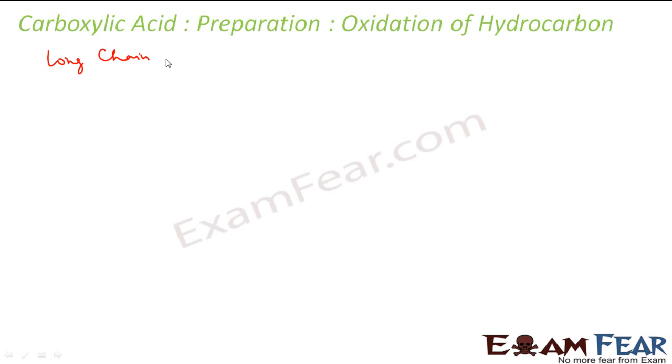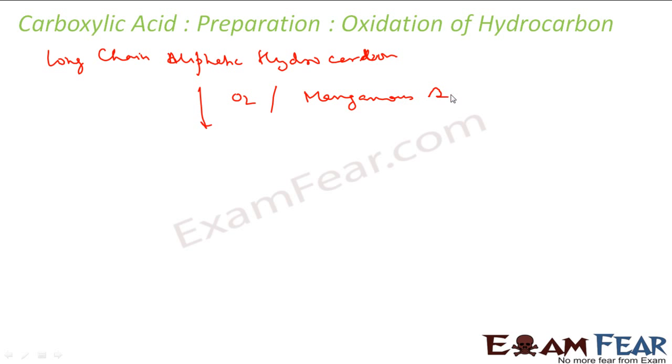You have this long chain aliphatic hydrocarbon, right, to react with the presence of oxygen and use manganese stearate as a catalyst at a very high temperature, maybe 400 K. What you get is carboxylic acid.